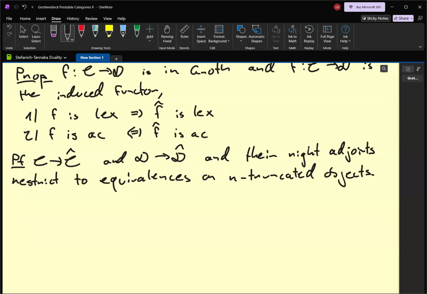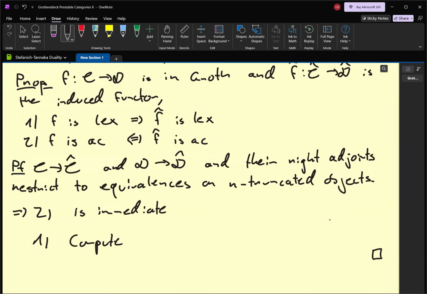So now it's maybe not super surprising that 2 is true, because this is a notion that only depends on the truncations. So this immediately implies 2. And now for 1, I'm sorry, for 1, you just compute. This is a relatively immediate computation. So this is very nice.